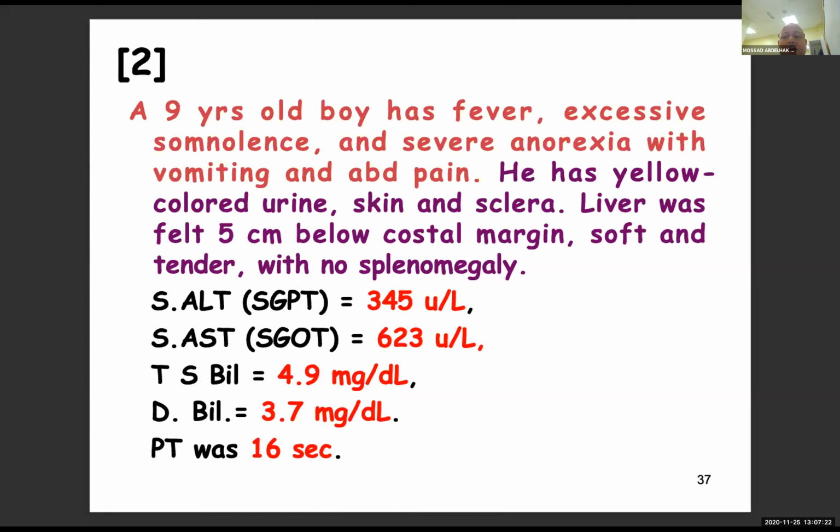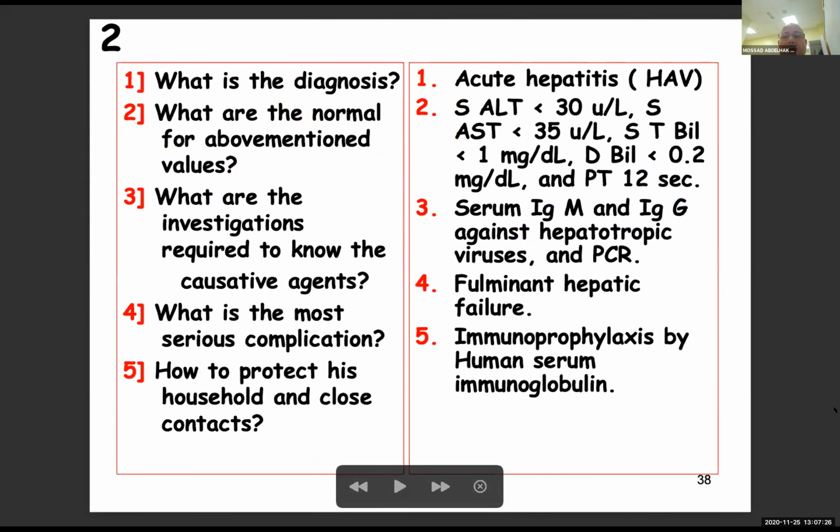next one. So the diagnosis, we must suspect hepatitis A. Sometimes in many areas in Malaysia, we get an epidemic of hepatitis A because of people eating outside if there is any source.